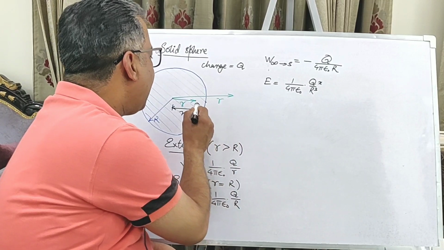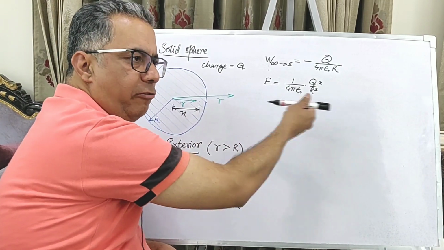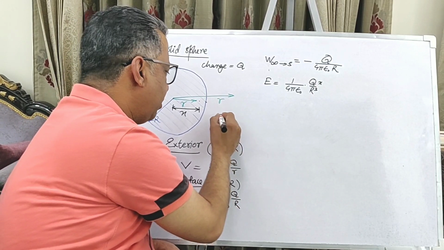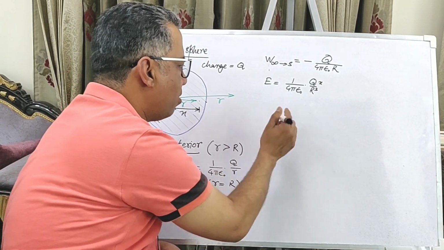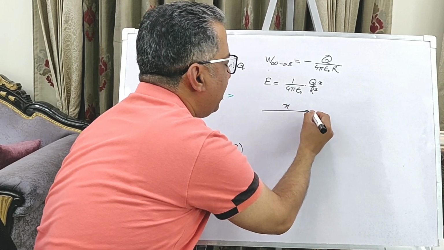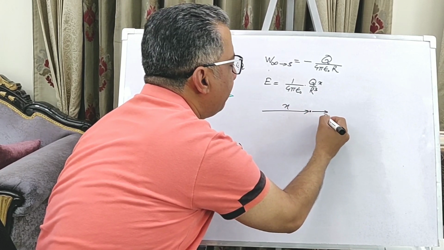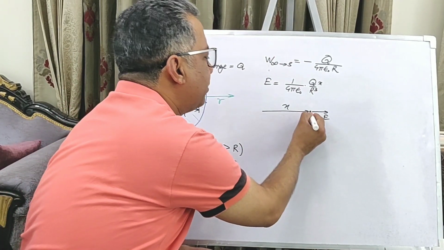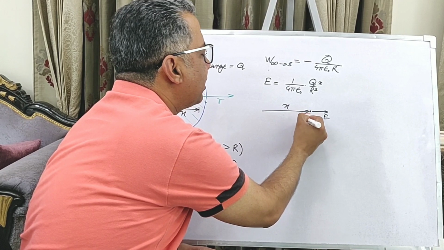Now at this point, if we bring the charge inward, let me draw this here. This is x and the electric field E is this way, and we consider a small displacement ds.